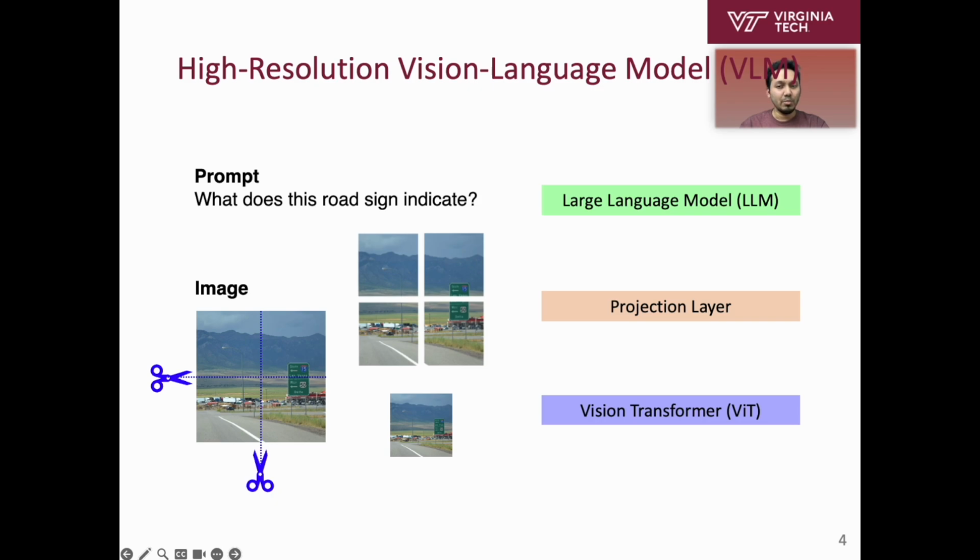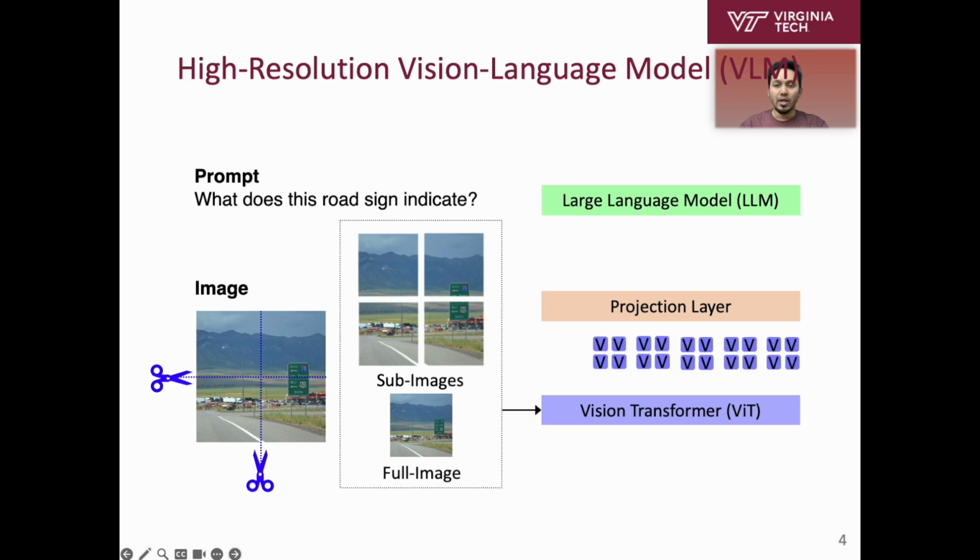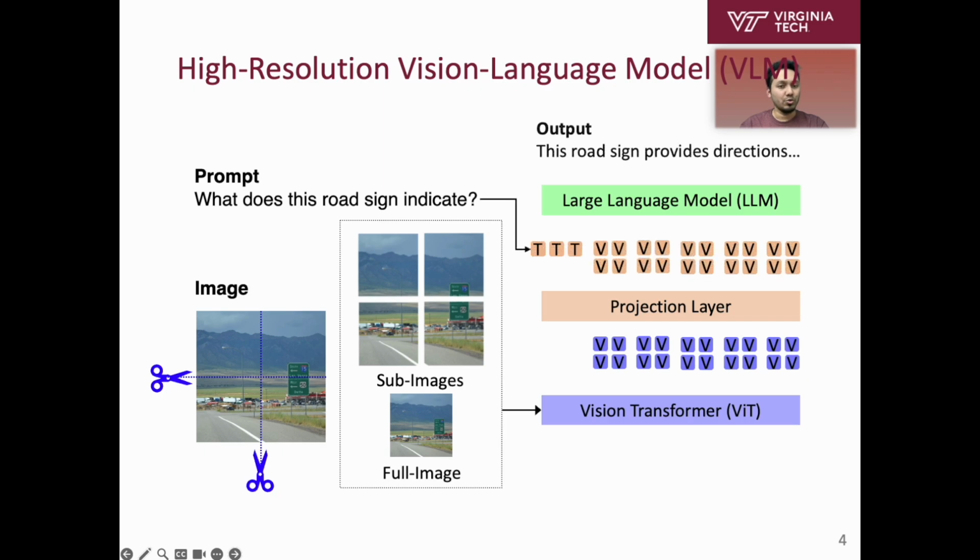We refer to the downsampled version as the full image and the cropped partitions as subimages. All these image partitions together are processed by the VLM layers as usual. This encoding strategy greatly improves the model's accuracy by preserving visual detail with additional subimages. However, this significantly increases the number of visual tokens too.